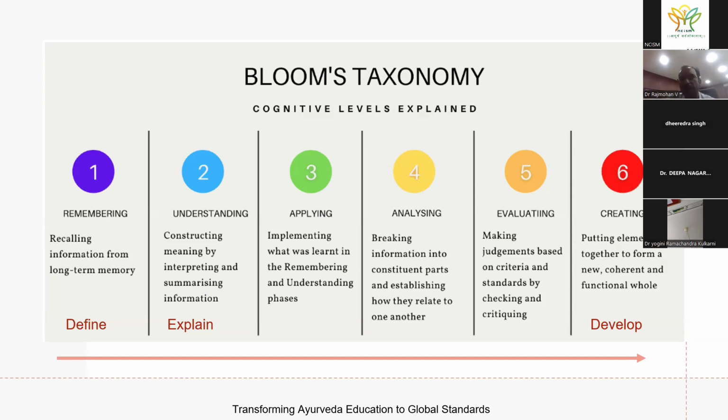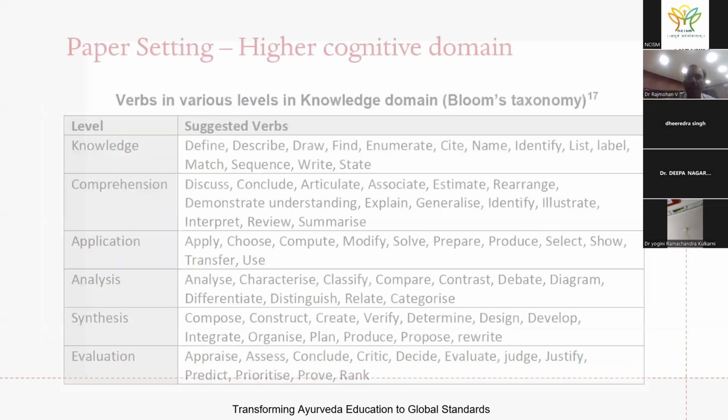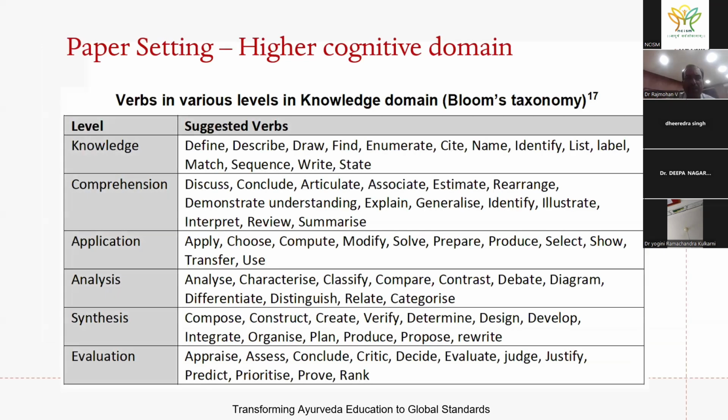Some of it will reach levels 3, 4 and 5, and the last level is not much intended in the BAMS research methodology syllabus. For paper setting, some higher cognitive domains are applicable to our syllabus. The majority of short answer questions fall in knowledge and comprehension level, and some will move to application and analysis levels.